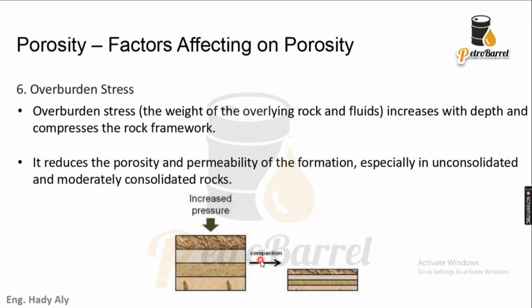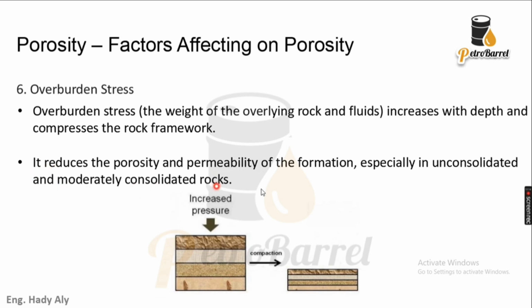So this leads to compaction. So the compaction reduces the value of porosity, to be honest. Why? Due to the compaction process, the pore spaces become very narrow or reduced due to the high weight above this formation. So the overburden stress reduces the value of porosity and permeability of the formation, especially in unconsolidated or moderately consolidated rocks.